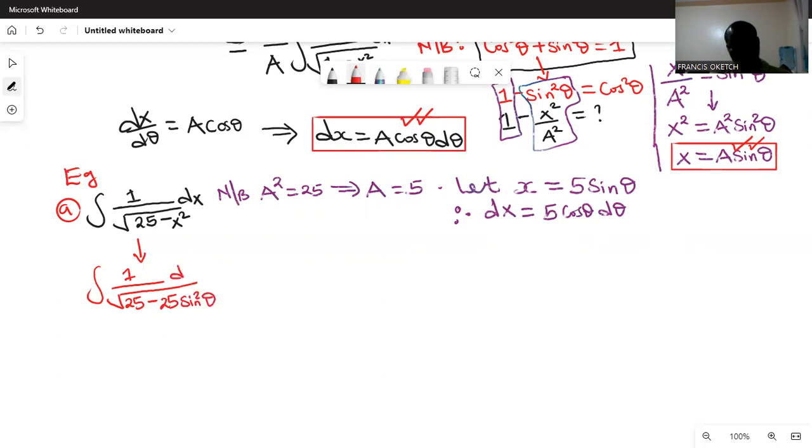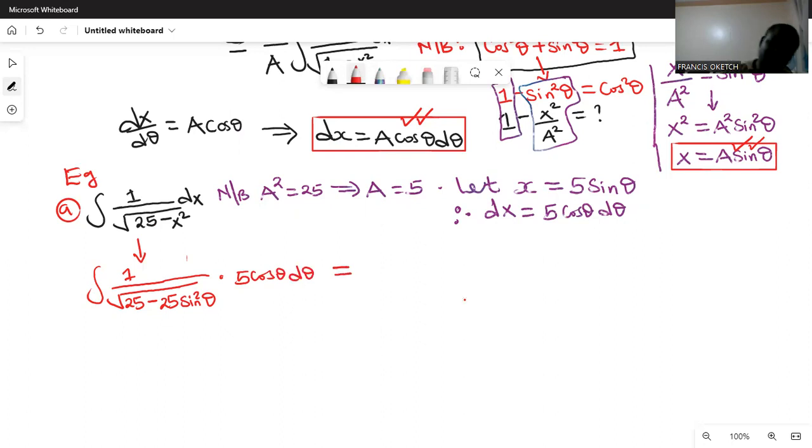Dx we said should give us 5 cos theta d theta, because everything must be in terms of theta.